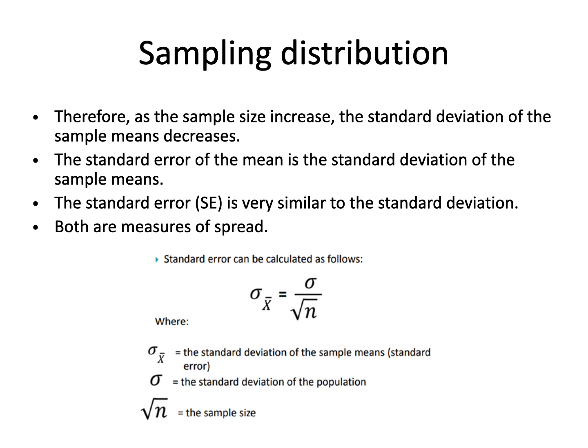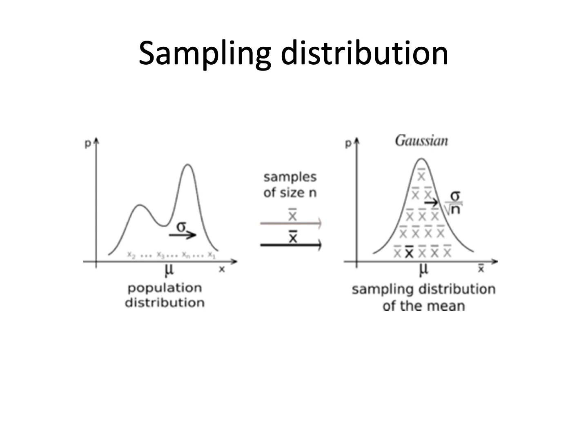Therefore the center of the sampling distribution is fairly close to the actual mean of the population. So what this means is that the center of the sample means comes close to the original population mean.